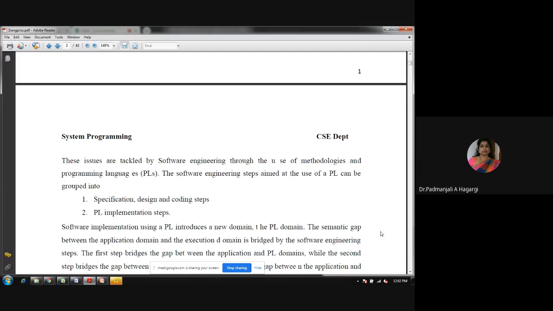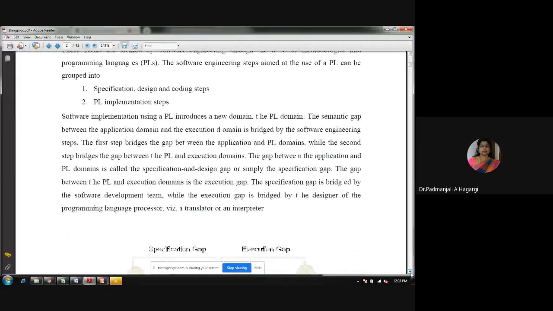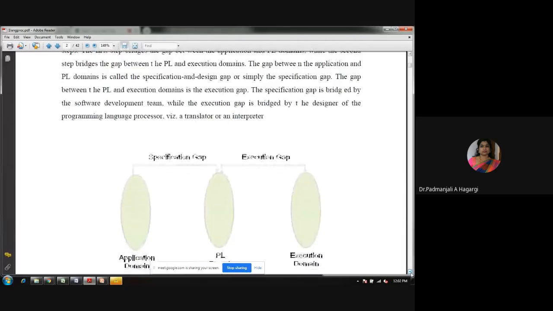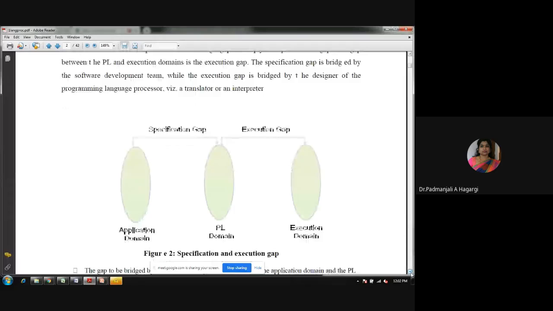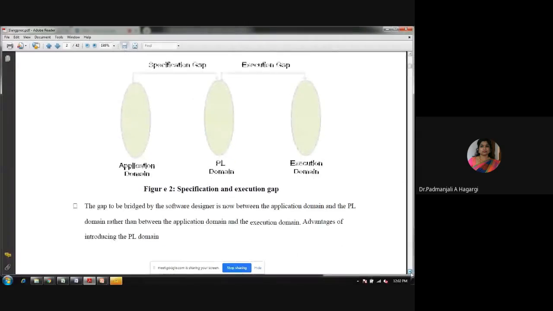All these are applications which fetch the requirements of the users, and the software engineers' steps aimed at using the programming language can be grouped into specification, design, and coding steps, and programming into implementation. From the specification gap to the execution gap, it bridges the application from source language to execution.